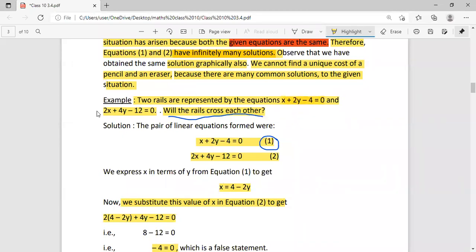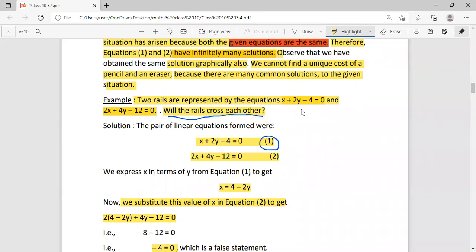See, if we can form a linear equation for two rails or the path of any satellite, this is actually a pair of linear equations. That means a straight line. Sometimes you can form an equation by checking the orbit of a satellite, and then you can check using this method whether two satellites collide with each other.